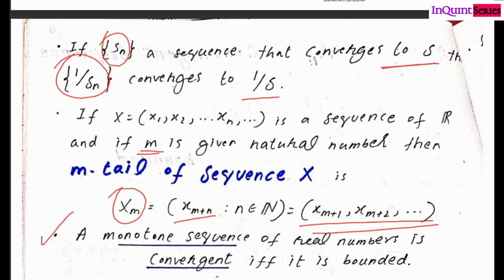Next we have a result, that is a monotone sequence of real numbers converges if and only if it is bounded.